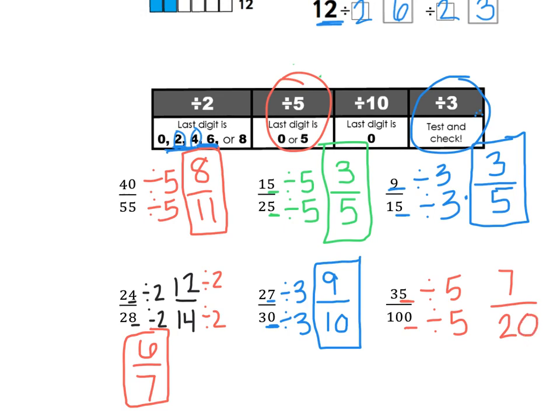Can I simplify 7 and 20? Let's see. I could simplify 20 by 2, 5, and 10, but I can't simplify 7 by anything. So, nope, I am done. 7/20 is my final answer.